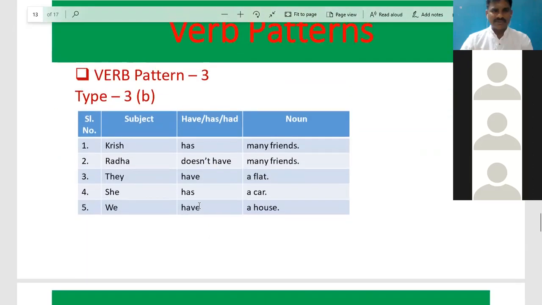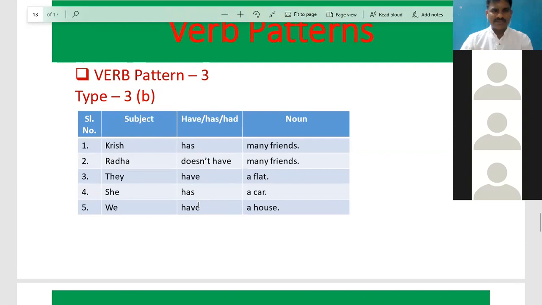So these are the verb patterns. We have seen what a verb is, the types of verbs, and the types of main verbs. We have seen transitive and intransitive verbs, and we have seen the verb patterns. Not only three: 3 plus 1 plus 2, six patterns we have seen.